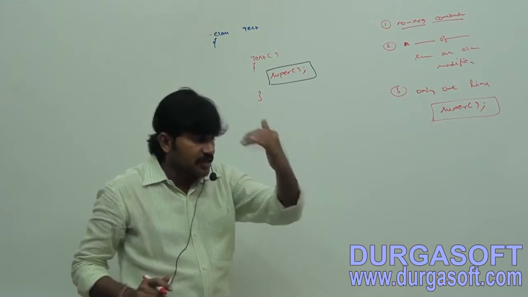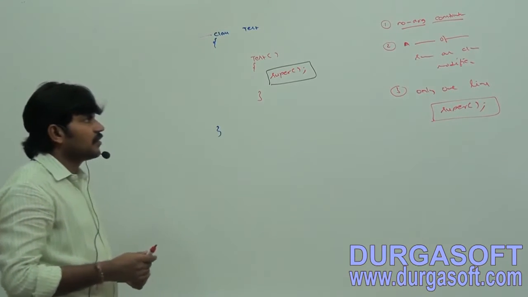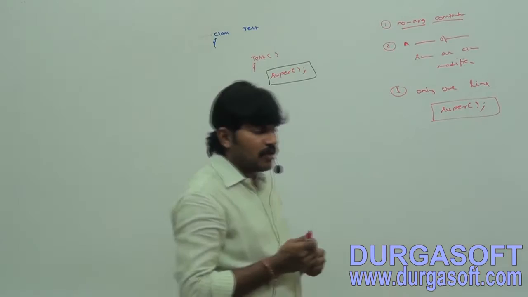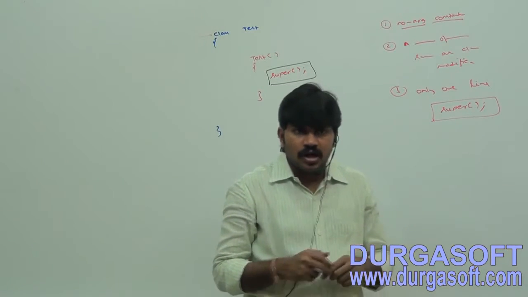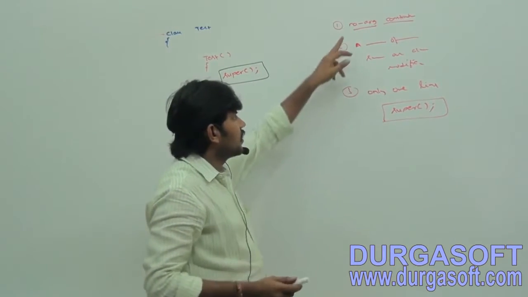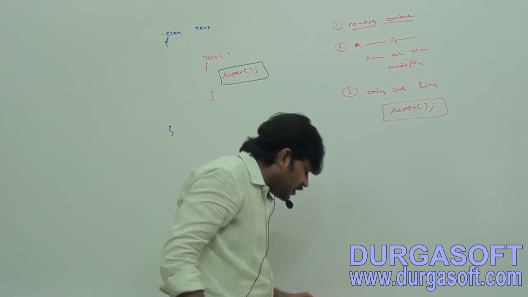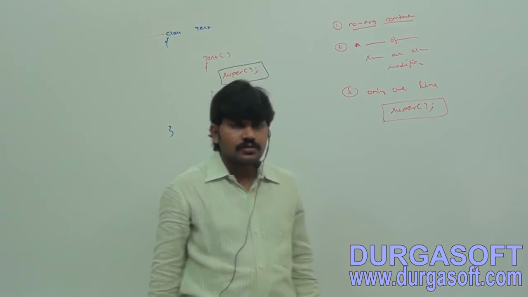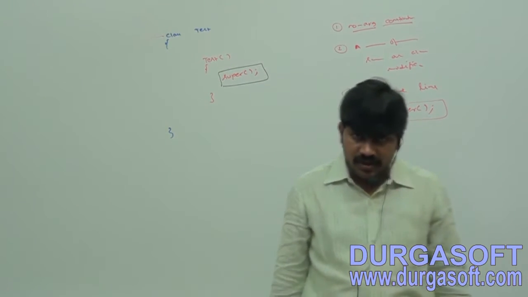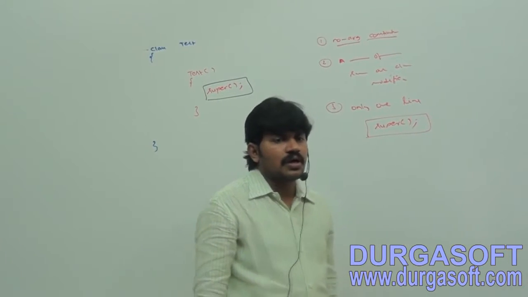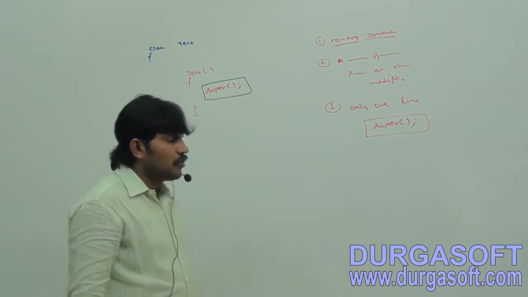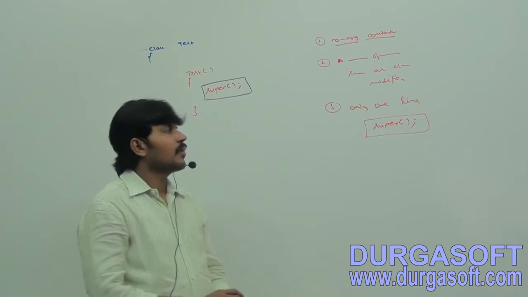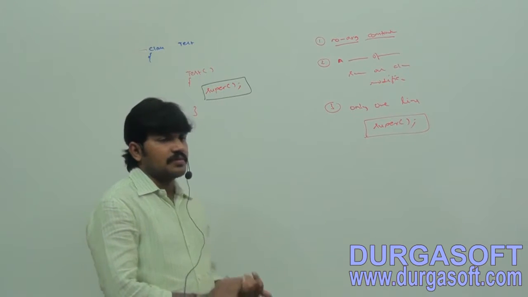So at this point, what heading did you take? Prototype of default constructor. At the first point, it is always a no arg constructor.